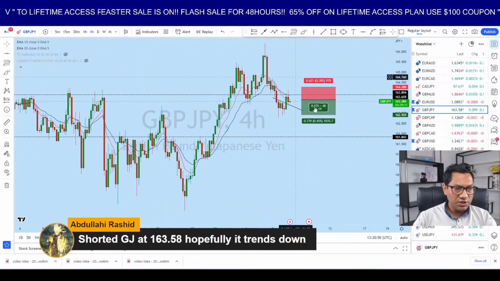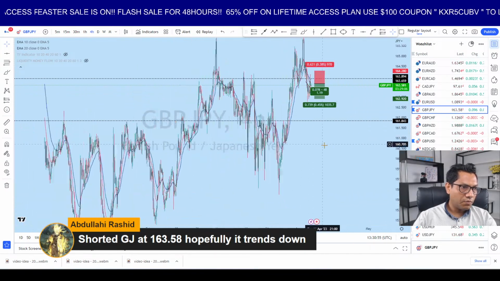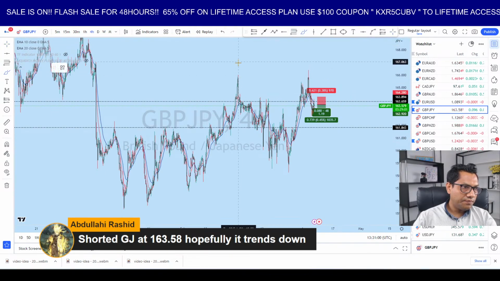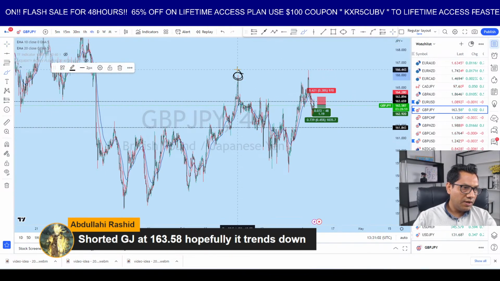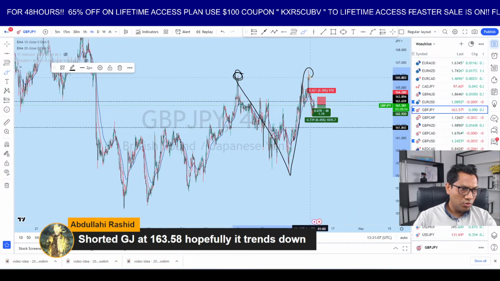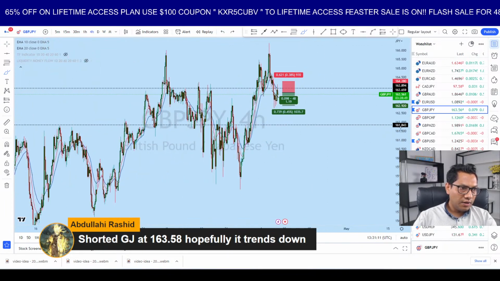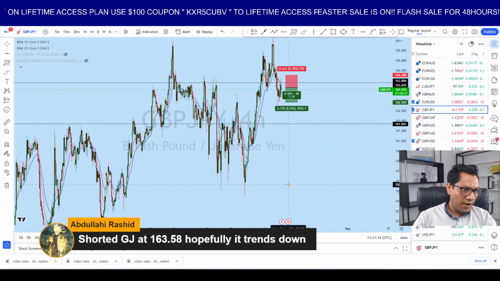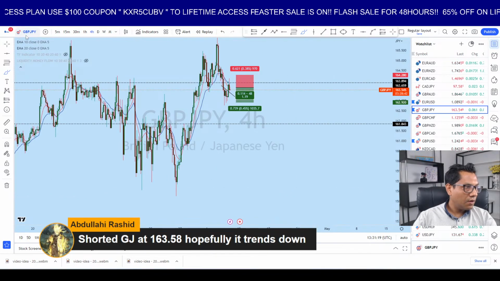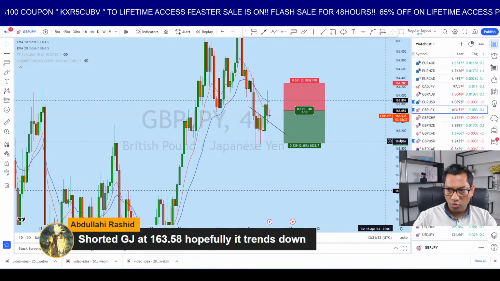For me, GBP JPY is prepared for a big trend, because you see this high here, this resistance. From this level, a big move happened to the support, and the price has gone to the zone where this is the resistance, and from here we can expect another drop, and in that drop you could even see this support broken. So there is a very high probability for GJ to continue to drop. We'll keep that running.